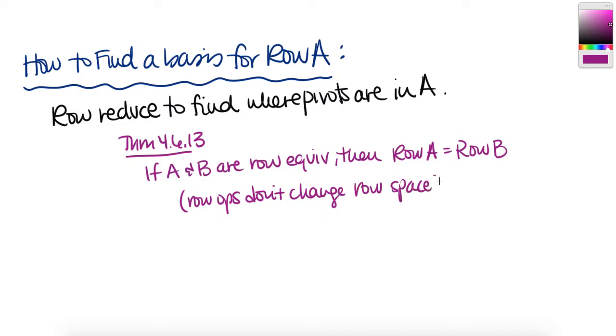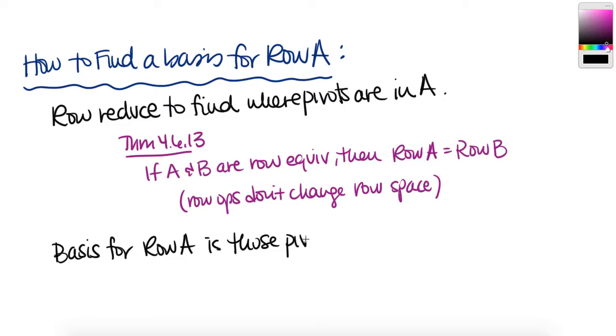So what we're saying is row operations don't change row space. Okay, so what that means is you need to find out where the pivots are in A, but then once you know where the pivots are, a basis for the row space is those pivot rows. Okay, and with column space, you had to go back to the original matrix to get the basis.